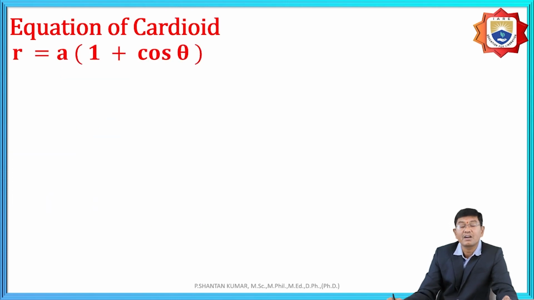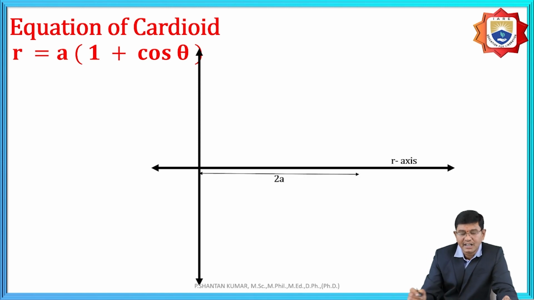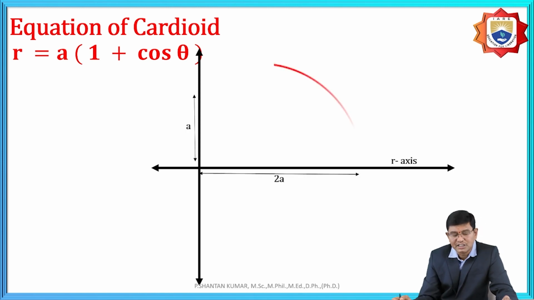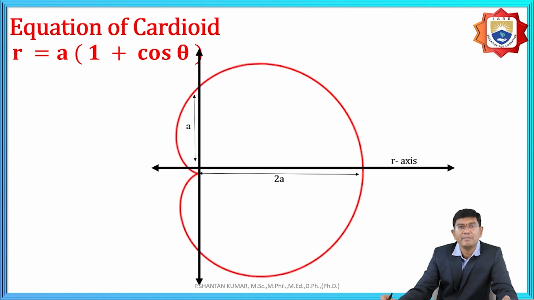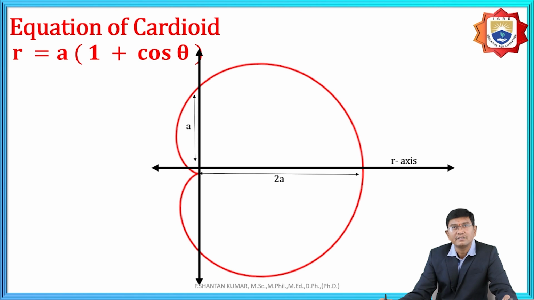For example, the cardioid. While we are observing, the cardioid is according to 1 plus cos theta. The diagram should be like this, symmetric about the x-axis.